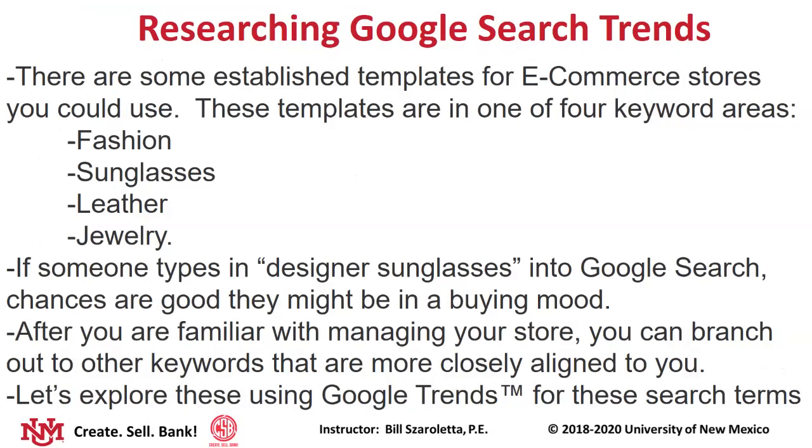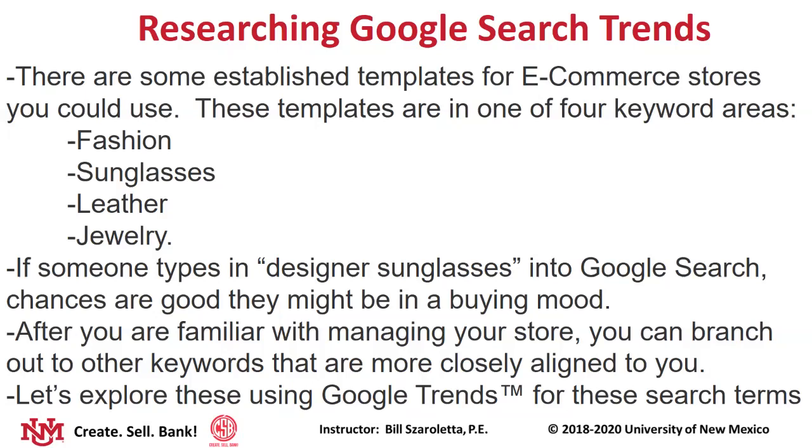But now there's some established templates for an e-commerce platform and an e-commerce store that we're gonna use. And those templates are in one of 4 keyword areas: fashion, sunglasses, leather, and jewelry. You're not limited to this in any way, but you want to at least understand the rudiments of the store.